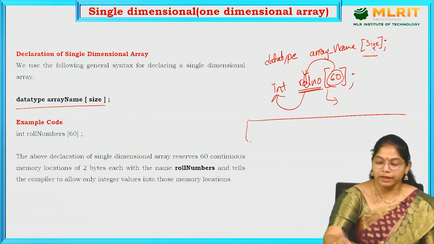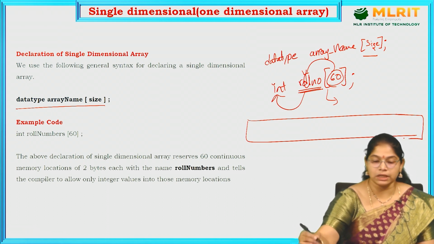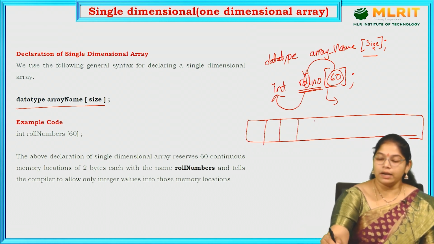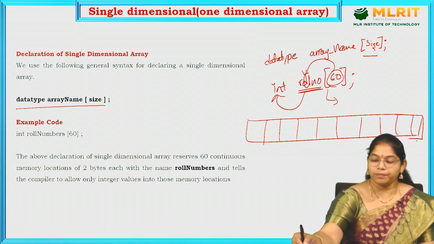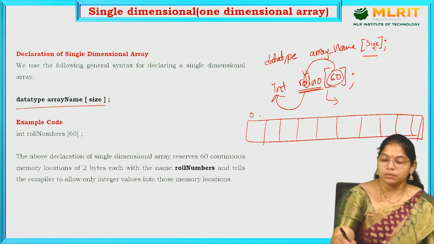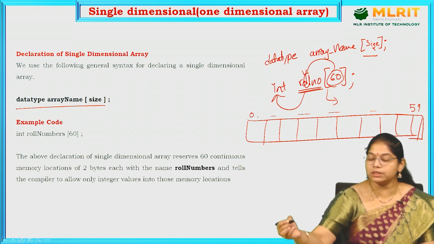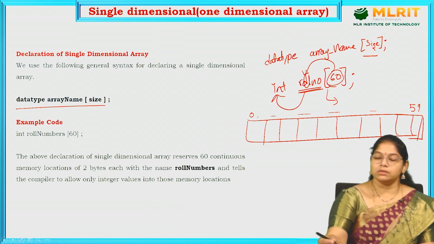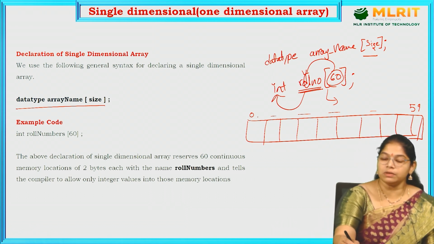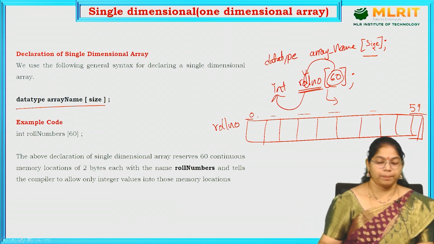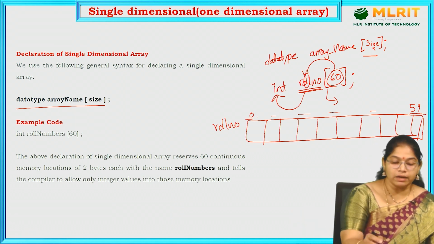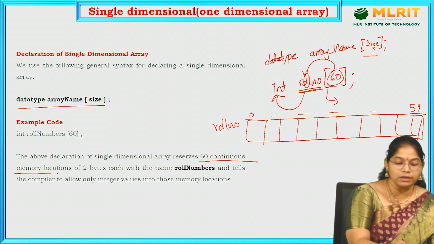Single dimension means it can store row values. As I told you, the index always starts with 0 and ends with n-1. So it can store roll numbers. The array name is roll number, from 0 to 59. So the above declaration of a single dimensional array reserves 60 continuous memory locations.